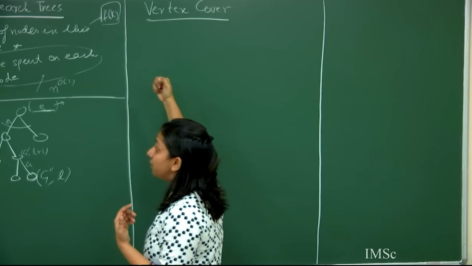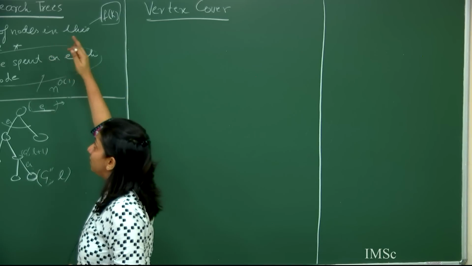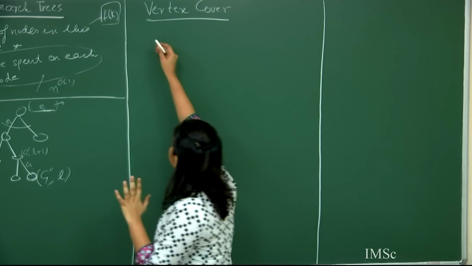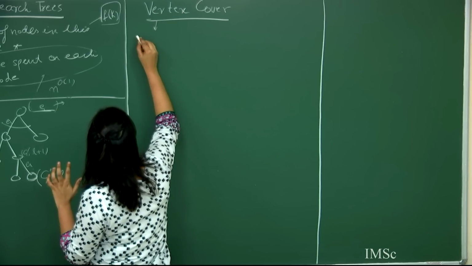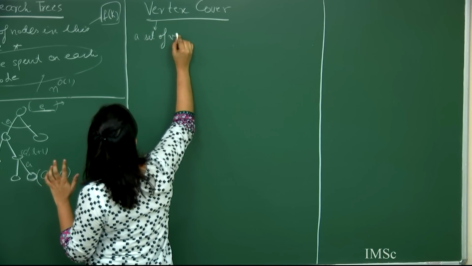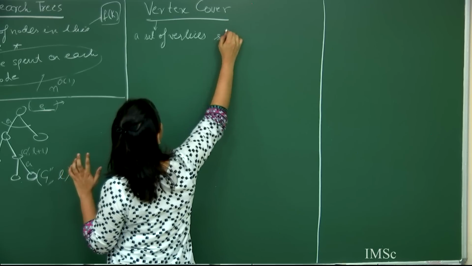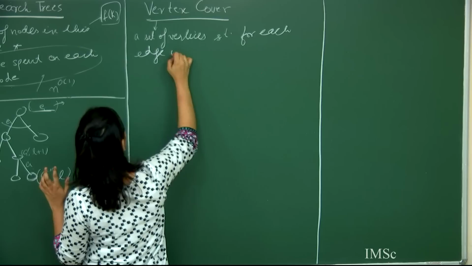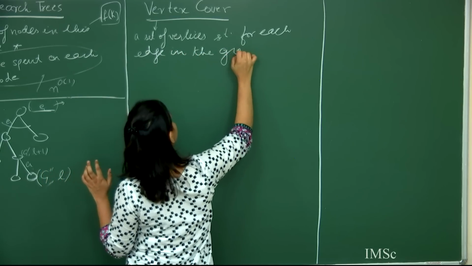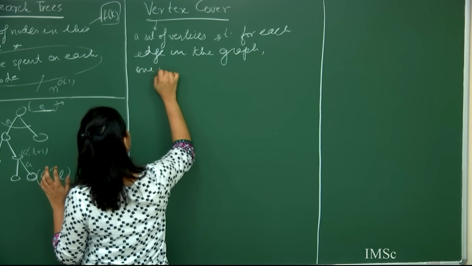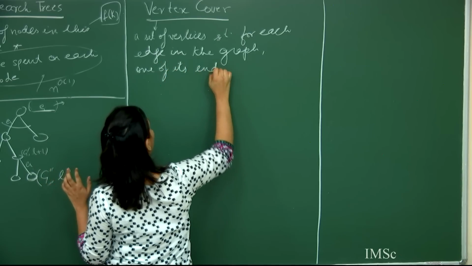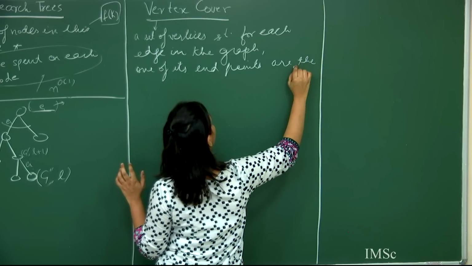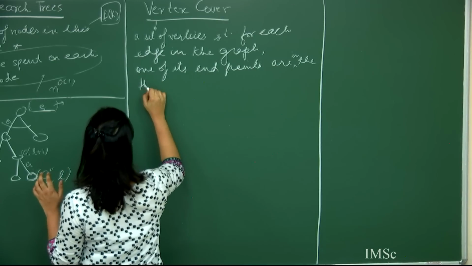Now suppose I want to design a bounded search tree algorithm for vertex cover. Again, let me just write the problem. What is a vertex cover of the graph? A vertex cover of the graph is a set of vertices such that for each edge in the graph, one of its endpoints is in this set.